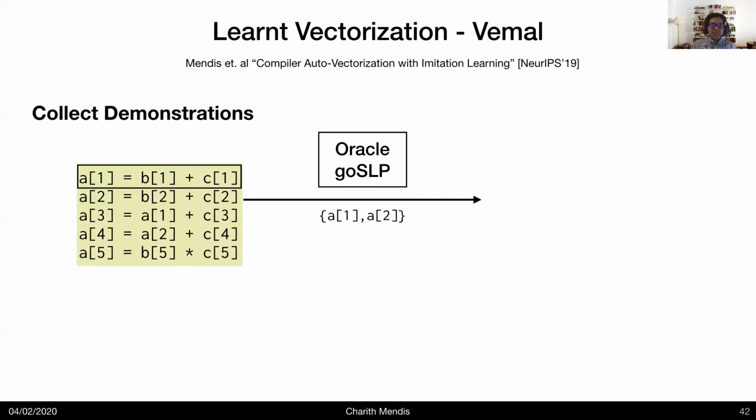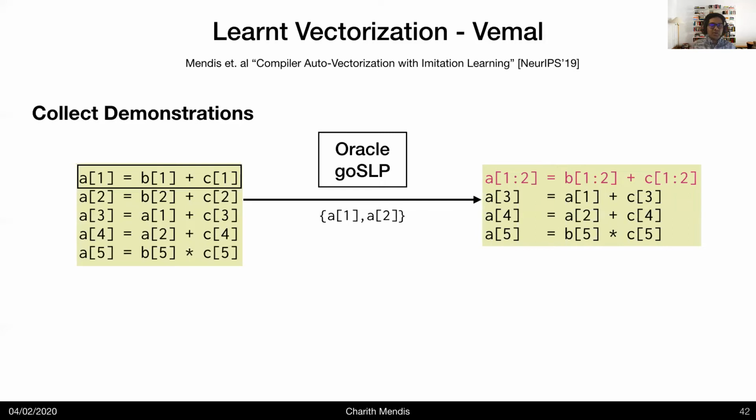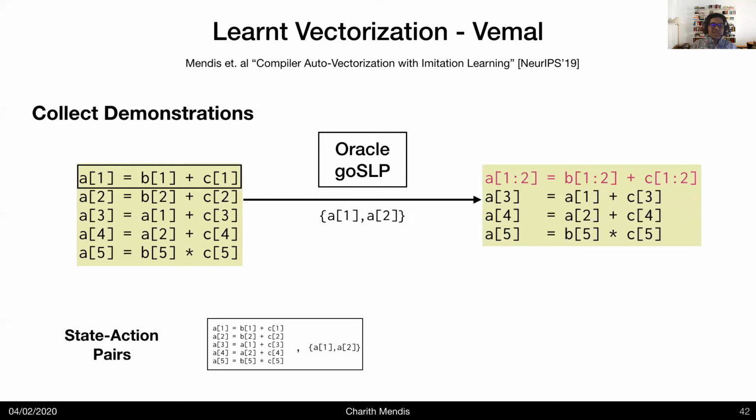Assume for statement A1, the Oracle selected it to be vectorized with A2, you can go ahead and mutate the code signifying its decision. Now we are going to collect the initial states as well as the action that the Oracle took into a state action pair buffer.